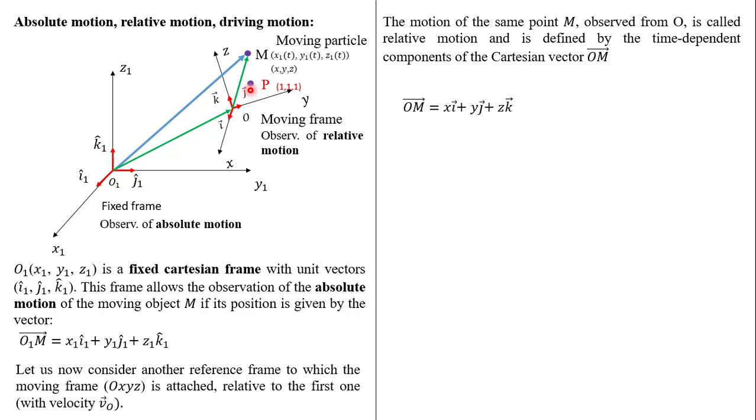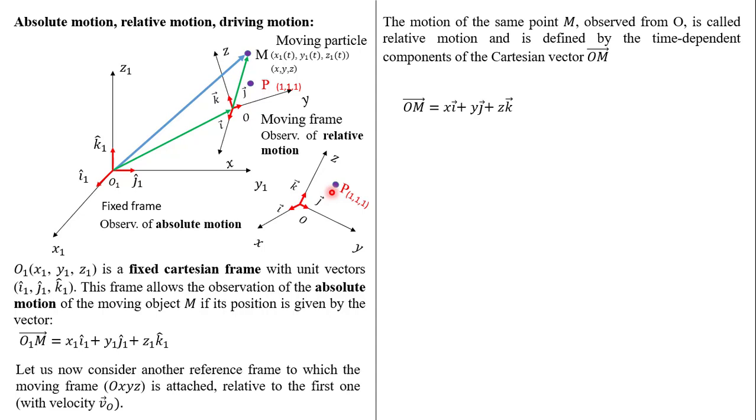So therefore, after time delta t, for example, the moving frame will make some type of rotation or translation or anything. It could be here. Okay, it could be like this. And since point P is a fixed point in the frame OXYZ, then P will have the same coordinates 1, 1, 1. So we can see that OP here didn't change. It has the same coordinates.